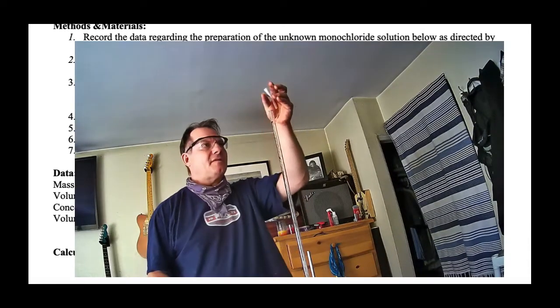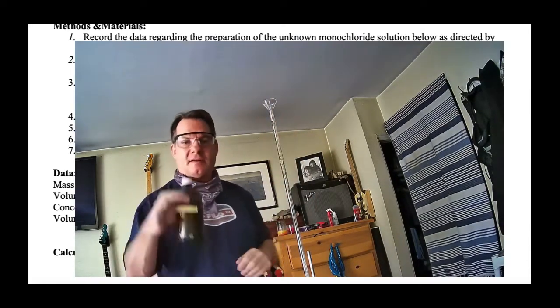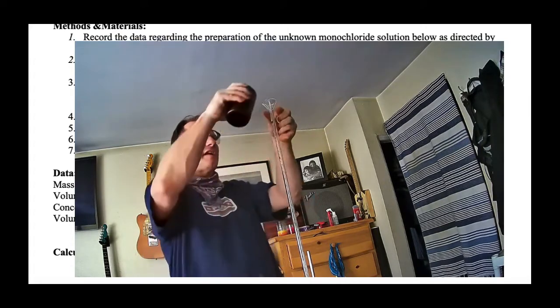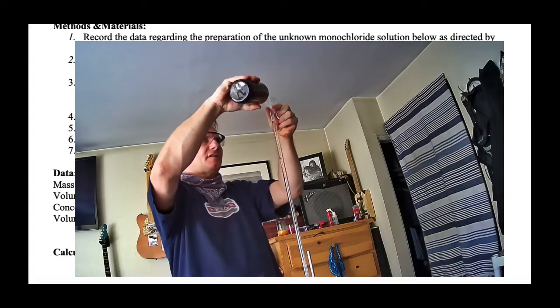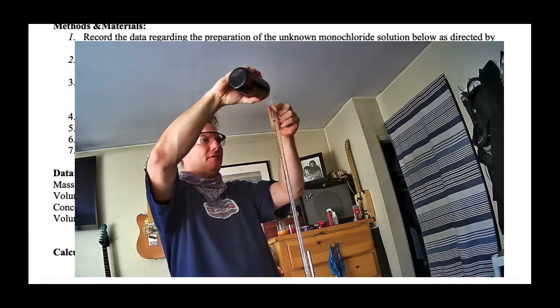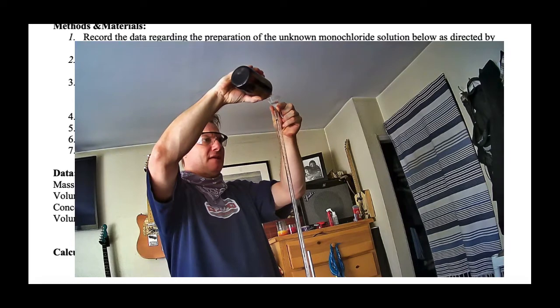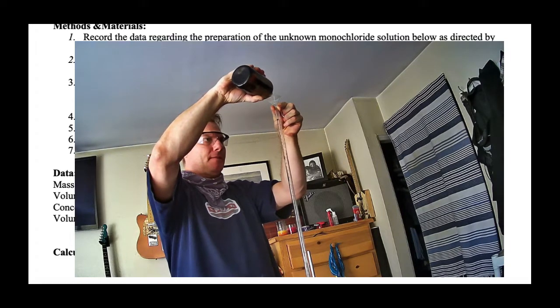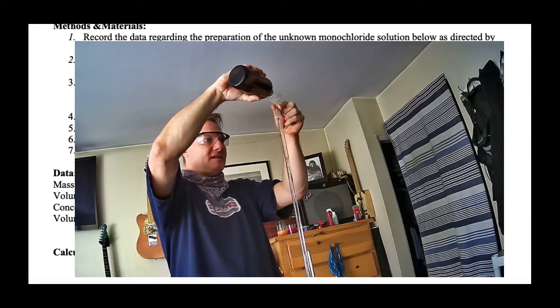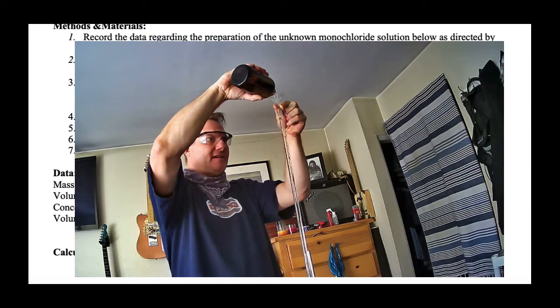So what I'm going to do now is actually fill the burette with a 0.100 molar silver nitrate solution. I've closed the valve on the bottom, the little stopcock that stops it from coming out. And I'm going to fill it up carefully. Remember, silver nitrate is very photoreactive. If I get it on my hands and the sunlight hits it, my gosh, my hands are going to turn black, like a henna tattoo.